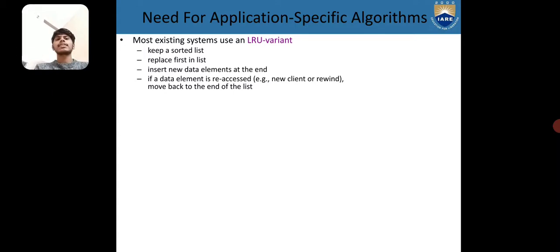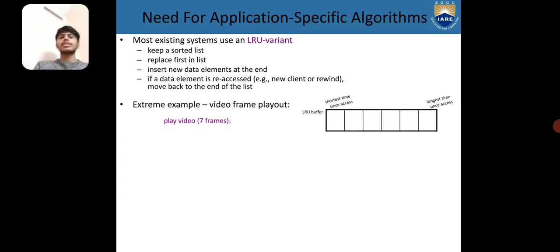Most existing systems use an LRU variant. So keep a sorted list, replace the first in the list, insert new data elements at the end. If a data element is re-accessed, for example a new client or rewind, move it back to the end of the list. An extreme example is video frame playout.